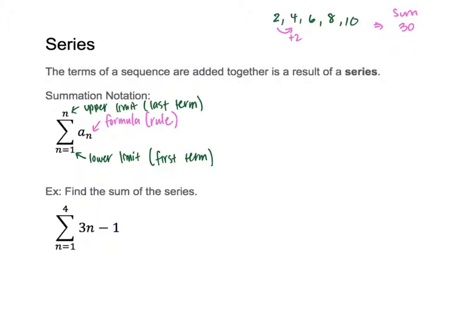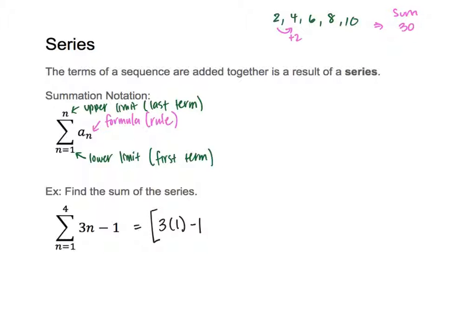So let's take a look at what we have to do here. The first term that we start with is 1. Notice how there's an n here and an n here. That means that you're going to be plugging these numbers into the formula. So I'm going to plug 1 into the formula first, and that's going to look like 3 times 1 minus 1.